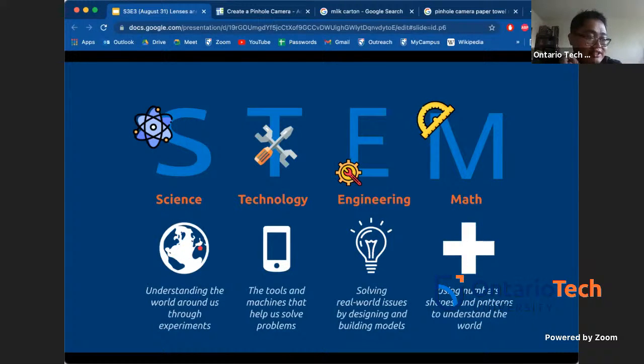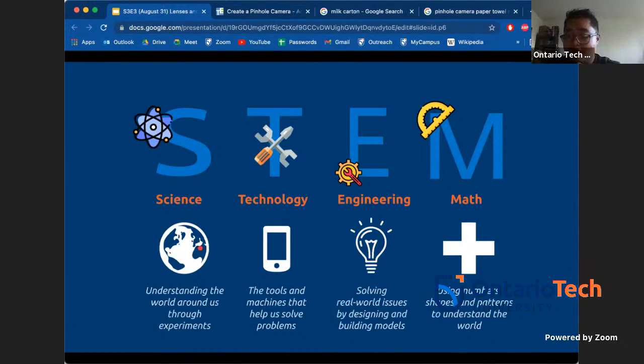Nathan, Jason, STEM is solving problems around us using science, engineering, technology, and math. All four of these areas contribute to each other one way or another. Technology is those tools and machines that help us solve these problems. Even though it has the word technology, it doesn't just have to be your cell phone or your computers. It could be non-electrical equipment such as a drill or a hammer, just helping us make things.